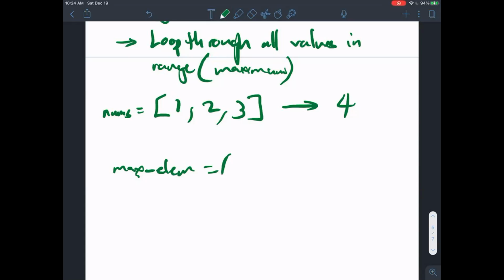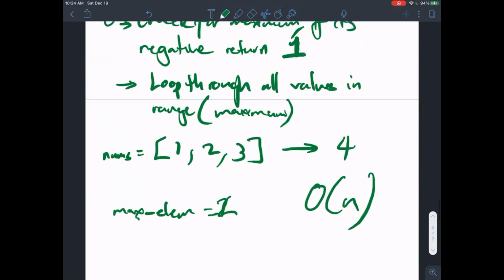If 2 is greater, then you change the max, up until you finish iterating over the entire array, and then you know which one the max is. That takes linear time. Okay, we've understood the runtime.